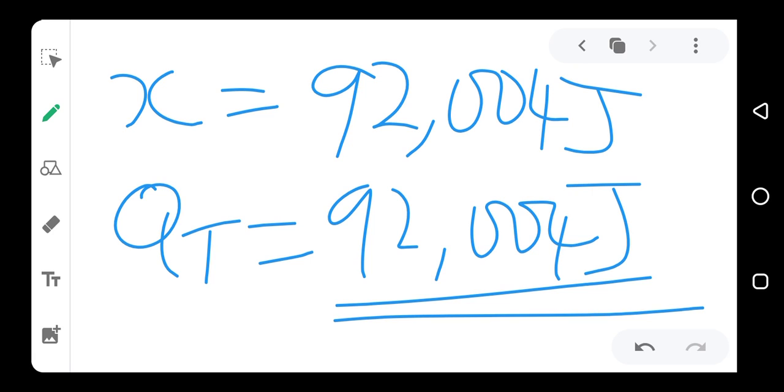Sometimes they can give you a percentage, that 2% or 5% of the water or substance heated was converted. Sometimes they can give it straight, that 25 grams or 1 gram or 2 grams of it was converted.